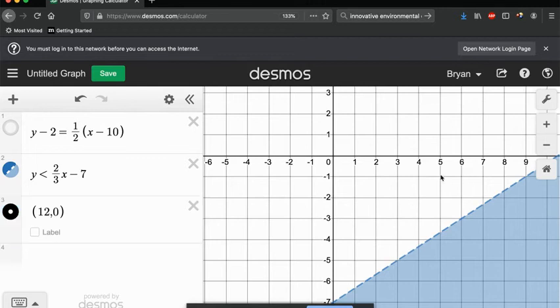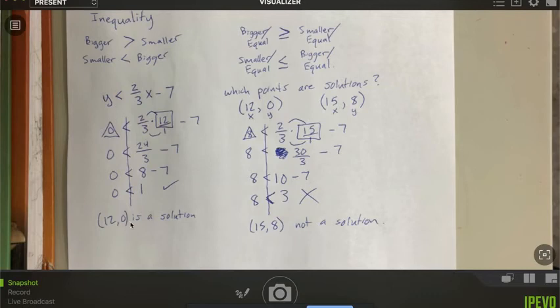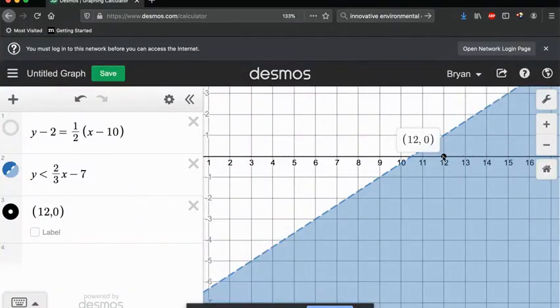So if it's not showing up, remember that's going to mean that it shows up somewhere else. Notice how 12, 0, we said before, is a solution because it resulted in something that was true. Notice how this point, although it's not on my line, it's in the shaded area. So with an inequality, anything in the shaded area is going to actually end up being a solution. So I'm not restricted to the line itself. I'm restricted to anything within the shaded area.